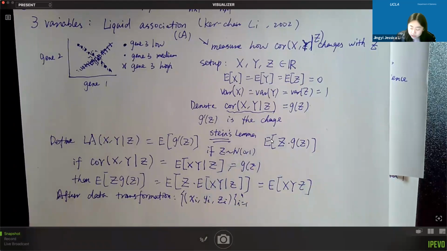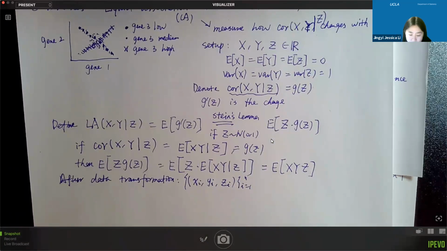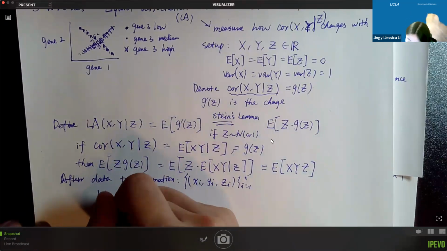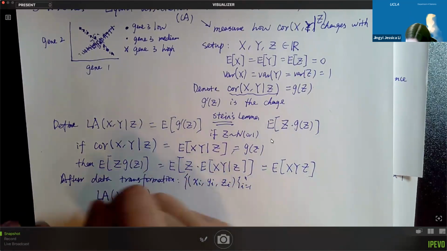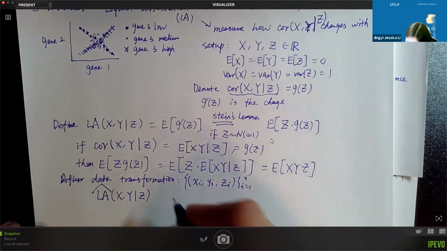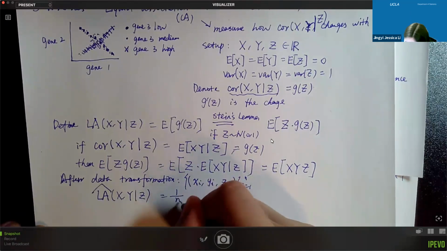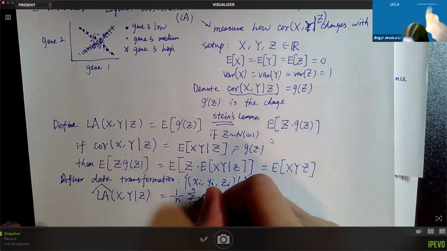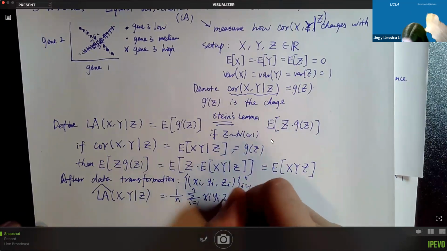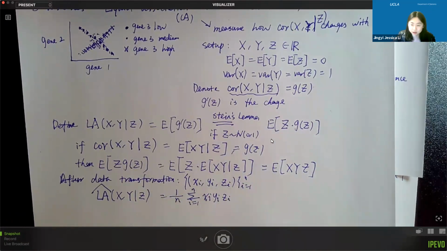After data transformation, we compute our LA of x, y given z on our data. I put a hat here, and it would just be equal to 1 over n times the summation, just the average of xi yi zi. So a very simple formula.